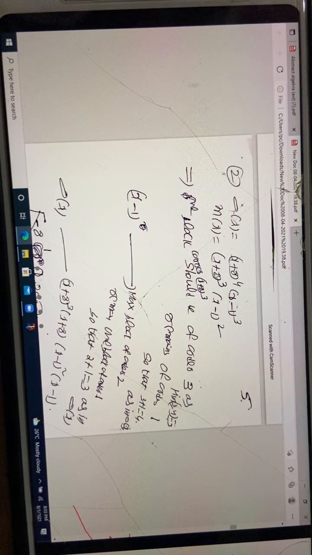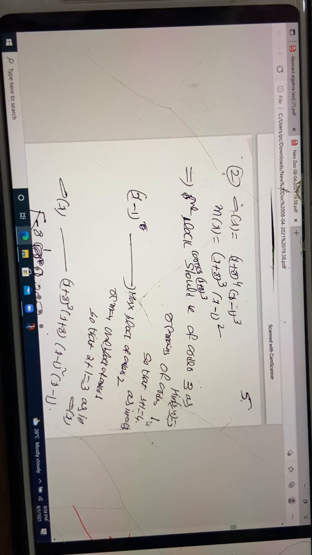Now (x+8): here 3, here 4. That means corresponding to minus 8, what should be the maximum order of the block? 3, or less than or equal to 3. Now total should add up to 4. So there should be a block of order 3 compulsory and the remaining should be of order 1. Only 1 is possible actually, less than 3. Less than 3 means 2 or 1 you can have.